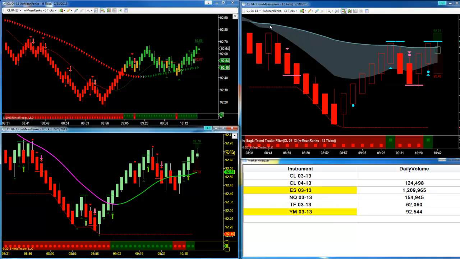It's very clear here that we've got the hard edge on the top, the soft edge on the bottom. Price has just tapped the band right there. We've got our down signals. This is a very strong indication that we are in a downward moving market. That's just one example of how I use all three birds together.